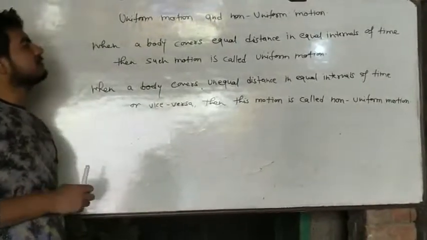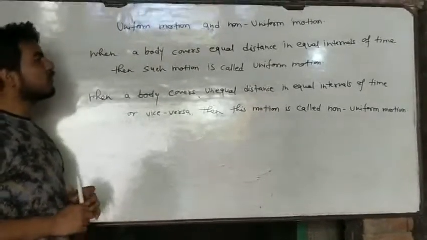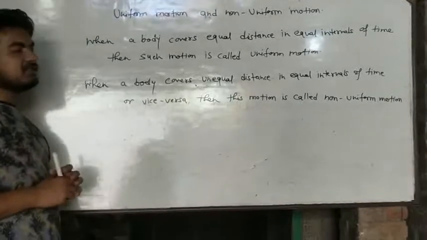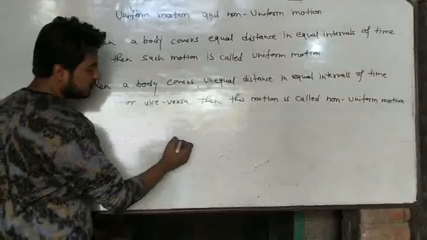After motion, there are two types of motion: uniform motion and non-uniform motion. So what is uniform motion? Here we talk about motion.